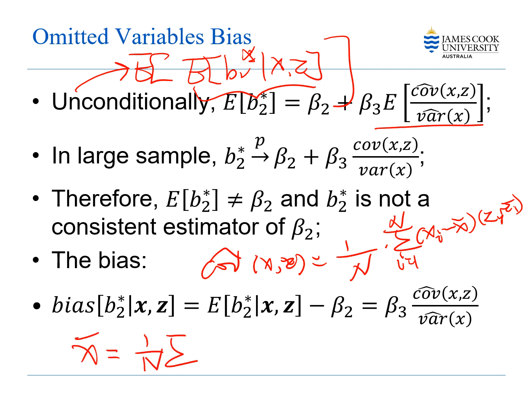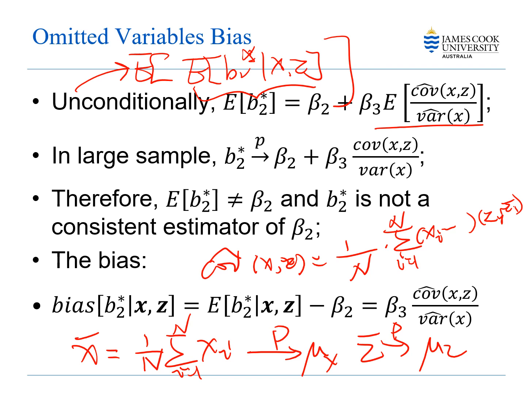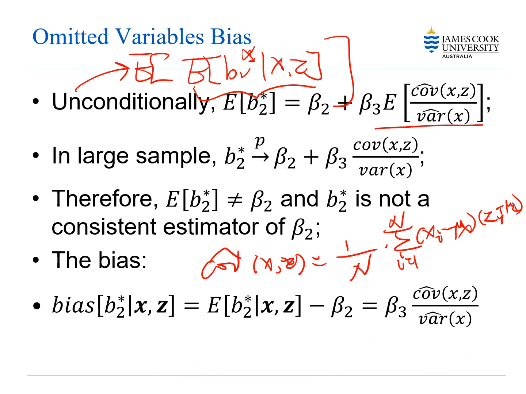It is 1 over n times the sum of xi. This converges in probability, by the law of large numbers, to its mean, called mu x. Similarly, z bar converges in probability to mu z. So loosely, you can replace this by mu x and mu z. And then again, by the law of large numbers, these terms converge to their expected value.